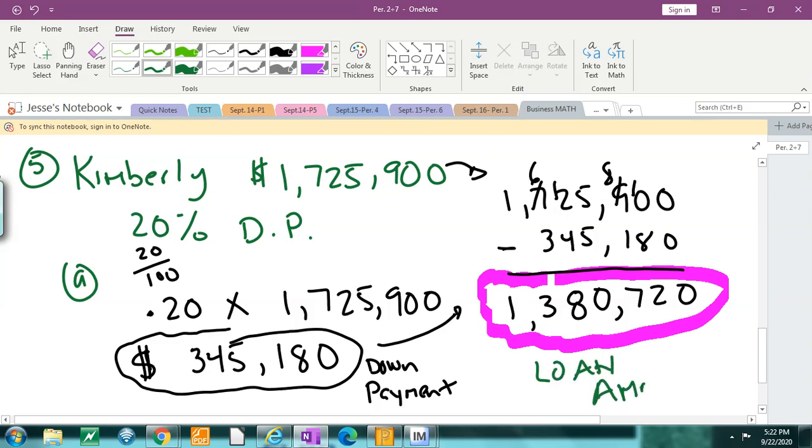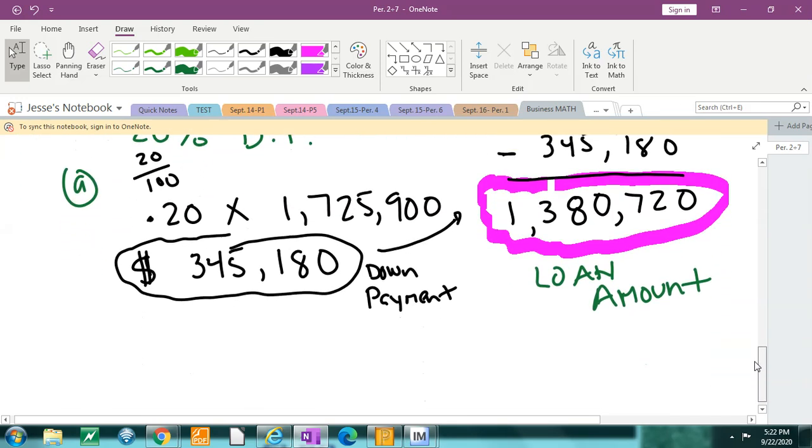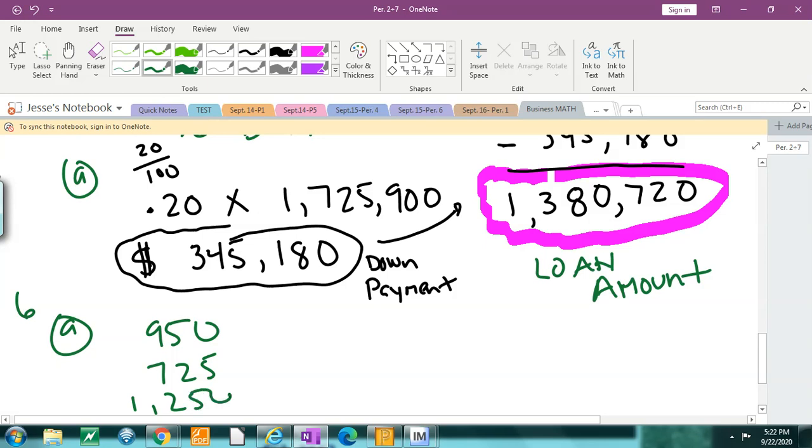So initially, what do you need? You need your down payment, but also remember to buy the house, you also need what? Closing costs. So if you look at number 6A, the closing costs, I'm going to put them right here. So 950 for the appraisal, 725, and we'll talk about this later, what they are, 1,250.